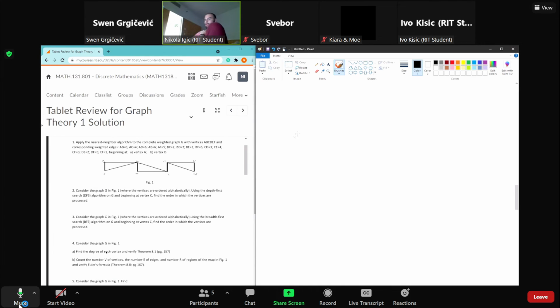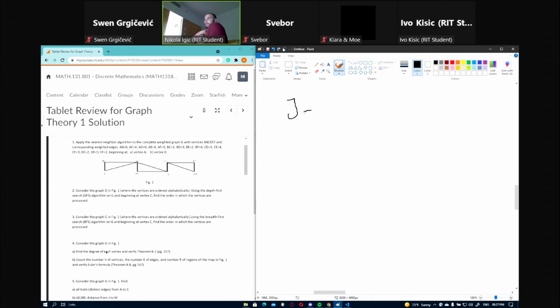So let's see. From J to M: J, B, B, L, L, C, C, M. And you write it a little bit like distance, and then you write which dots.